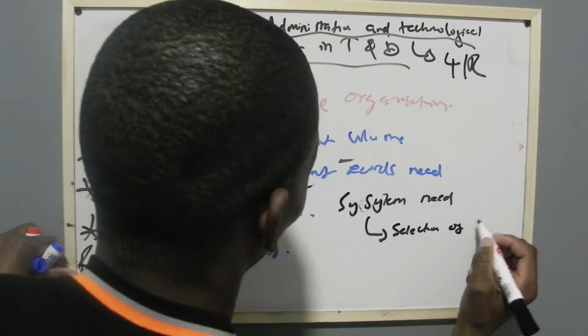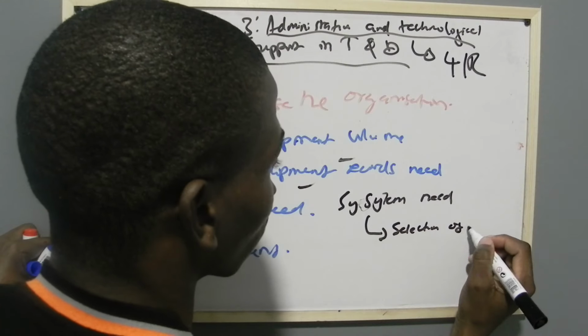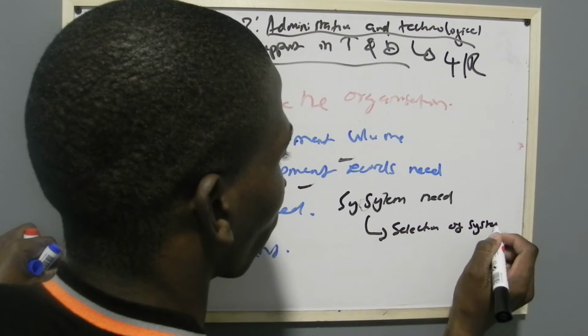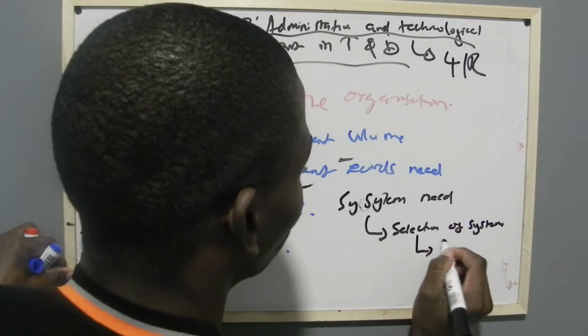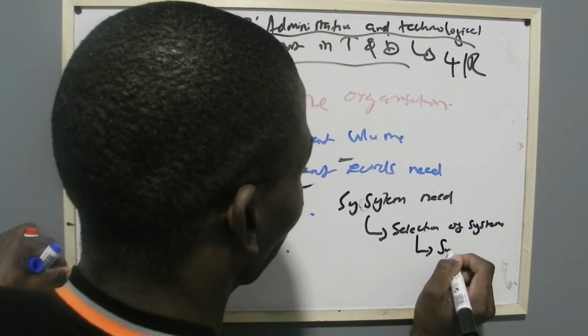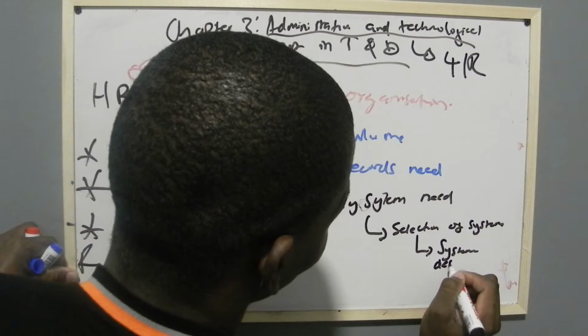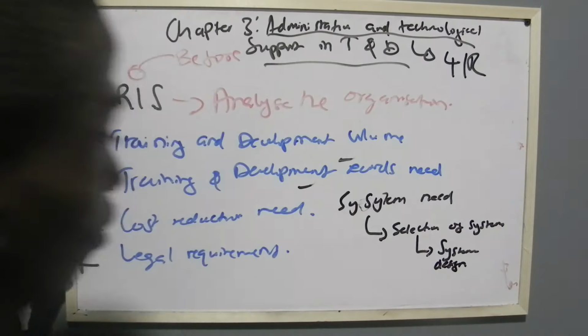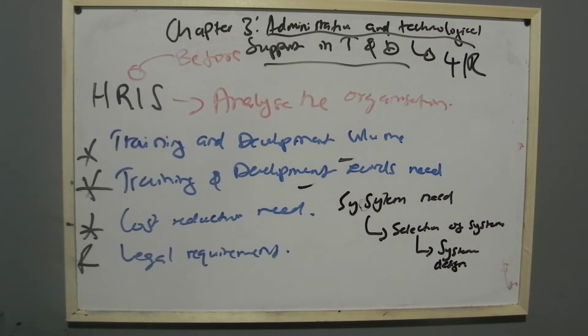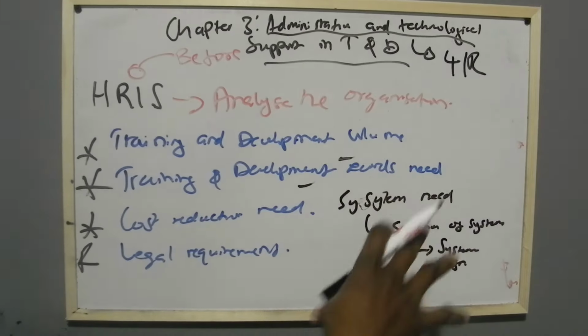What kind of system you're going to use in the organization, and then the system design, including the hardware and the software of the system. So this is what we need to analyze first in the organization.